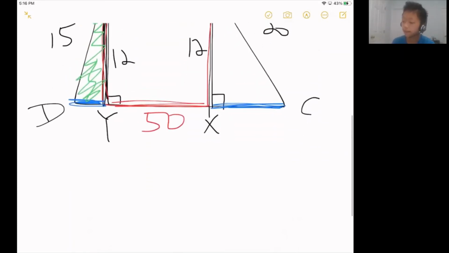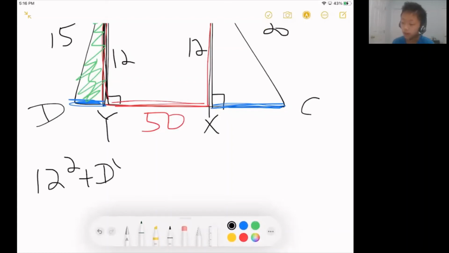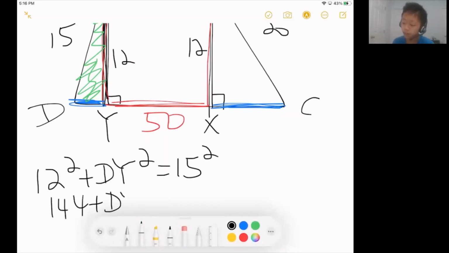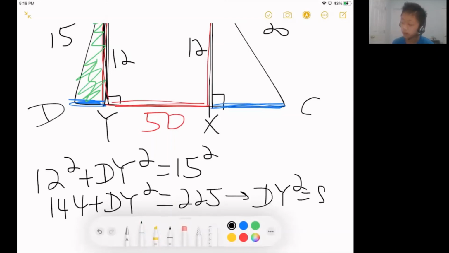So we would have 12 squared plus DY squared is equal to 15 squared. So 12 squared is 144 plus DY squared, 15 squared is 225. If you subtract 144 on both sides, you get DY squared is 81. So DY is 9 by taking the square root of both sides. So we found DY, that's pretty good.